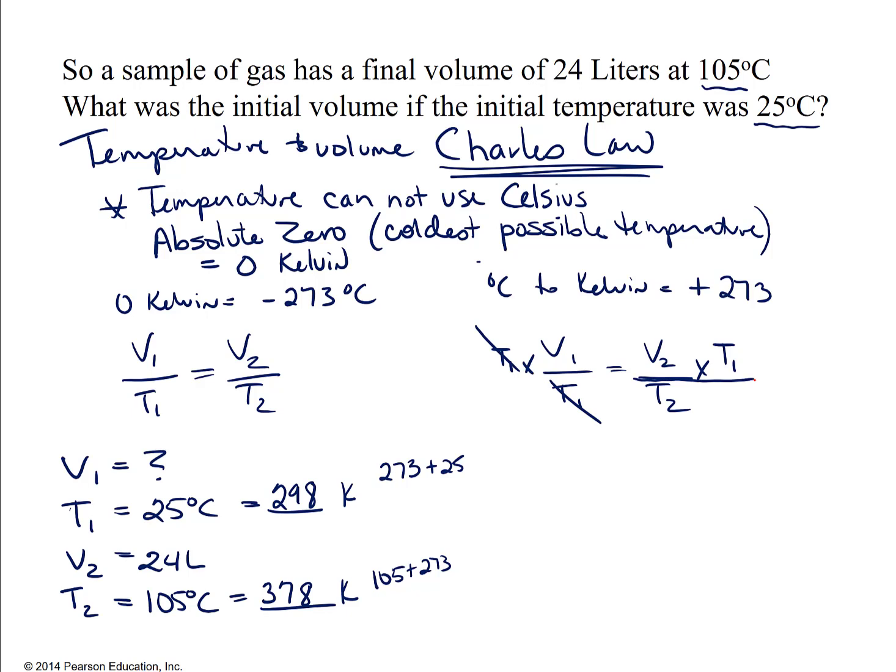And then you just plug them in. So V2, 24 liters times T1 in Kelvin, 298, divided by 378 Kelvin. So see that Kelvin and Kelvin will cancel, leaving you with an answer in liters.